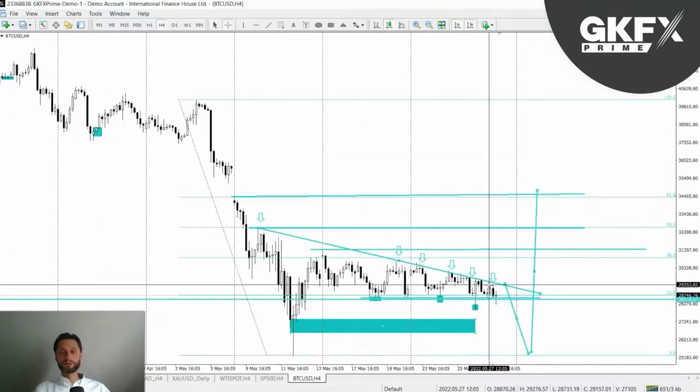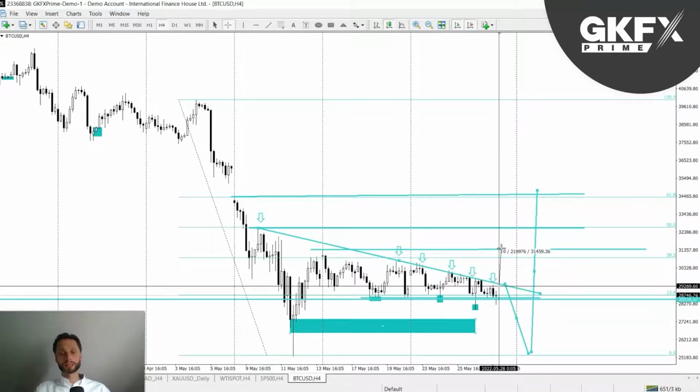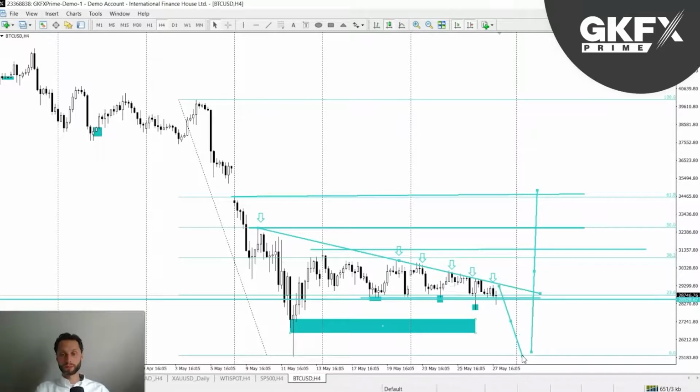Now, if we have to consider the other option, which is, well, what if it breaks the trend line? Well, if it does that, although I prefer this lower price here, of course, because we want to get a nice cheap price. Cheap is always best.